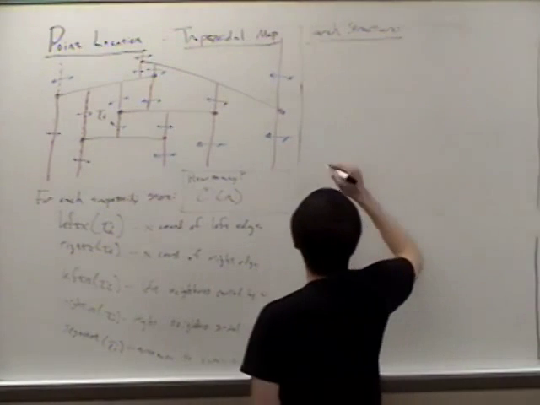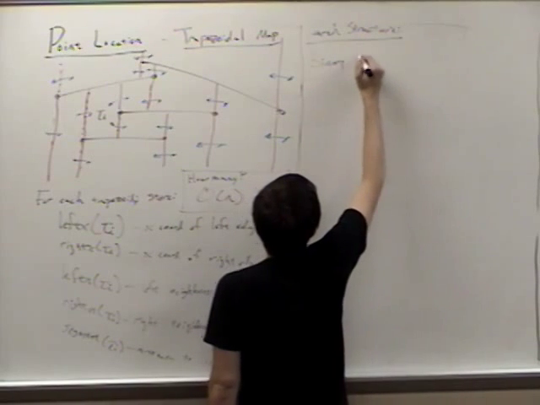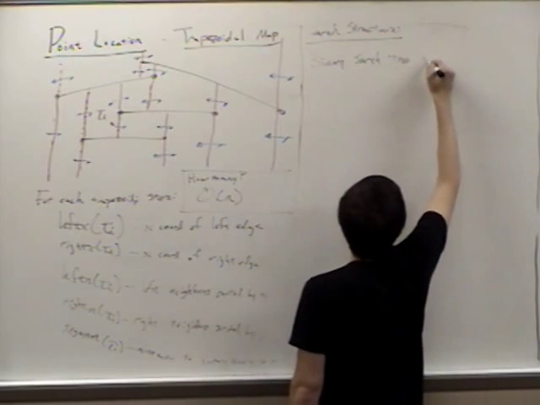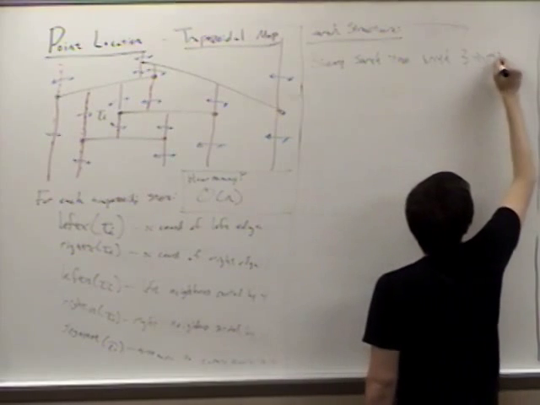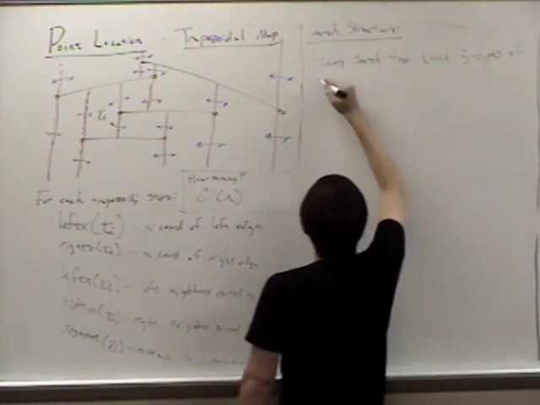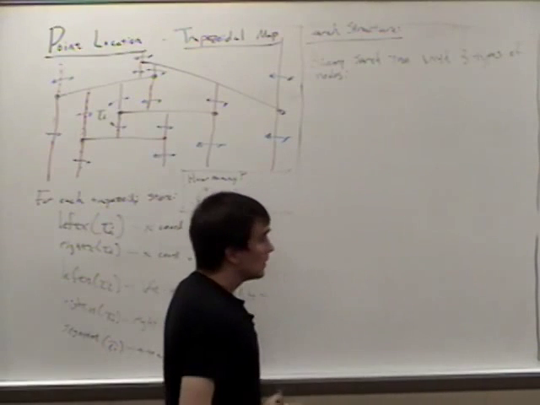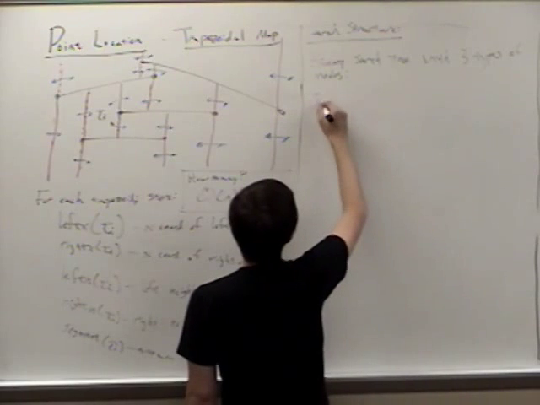OK. And the search structure is basically a binary search tree with 3 types of nodes. All right. So the first type of nodes are point nodes. So we're going to call these point nodes.